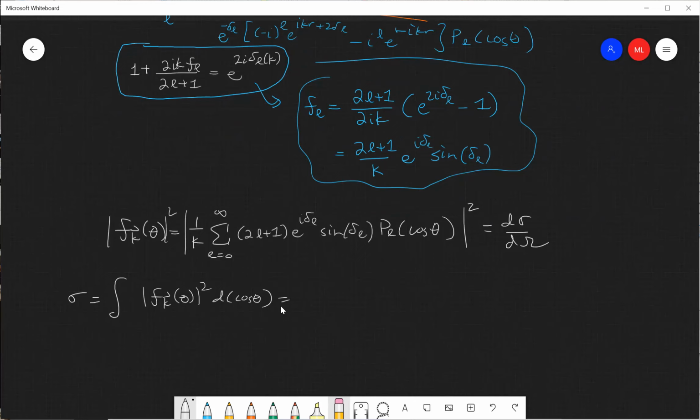You can use the properties of Legendre polynomials to perform that integration and write everything in terms of the phase shifts. What you'll get is 4 pi over k squared, sum of 2L plus 1, sine squared delta L. And again, I think it's worthwhile to have you work some of these things out yourself.